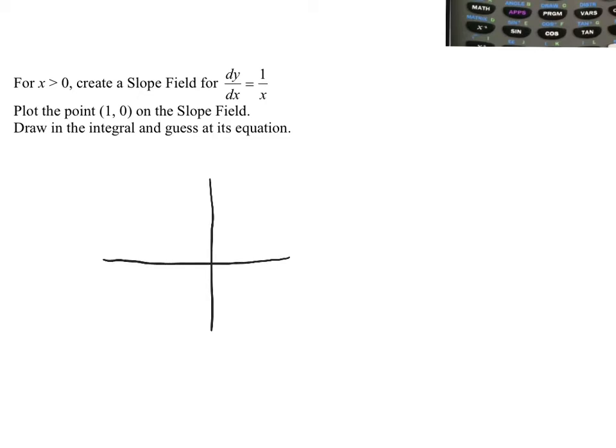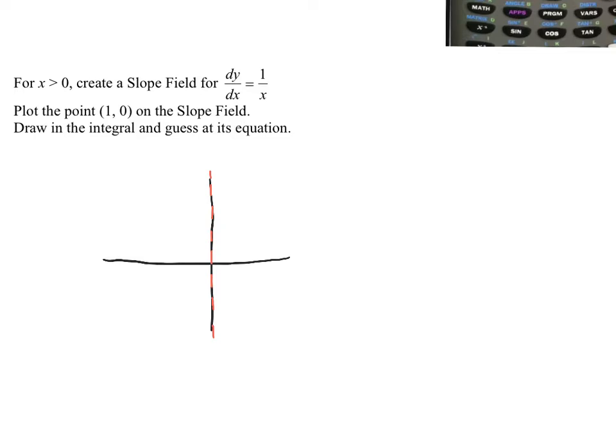Okay, and we notice here that if I tried to plug in a 0 for x, it would be undefined. So if I'm creating a slope field here, I know that at x equals 0, the slope is going to be undefined.